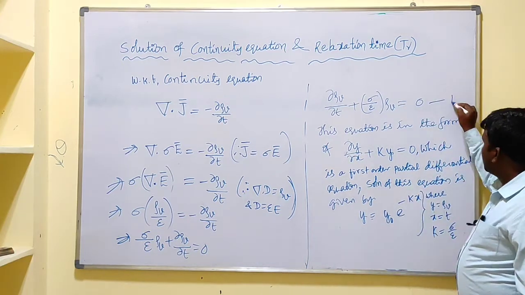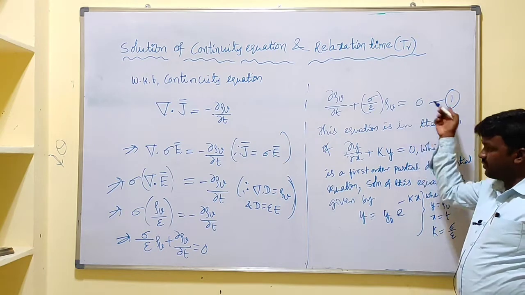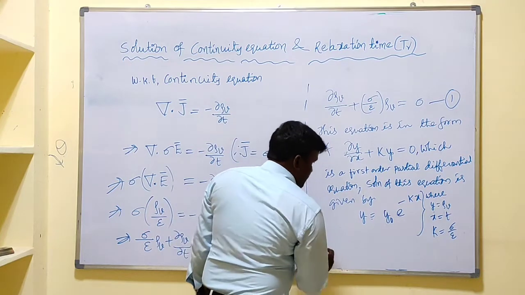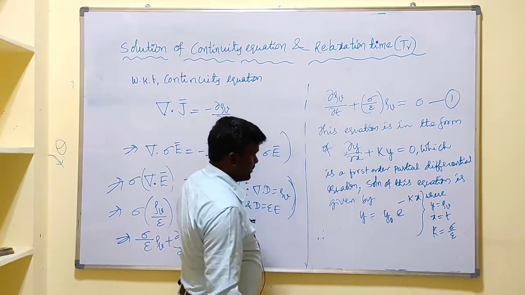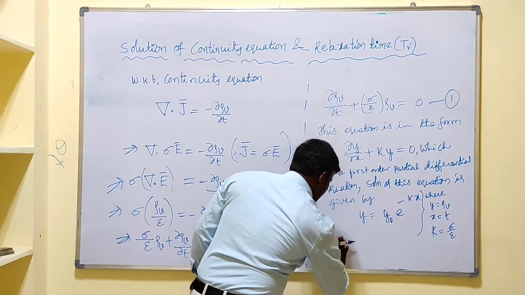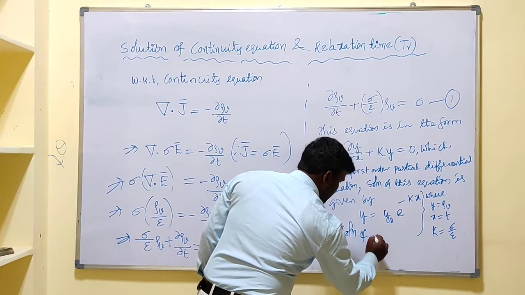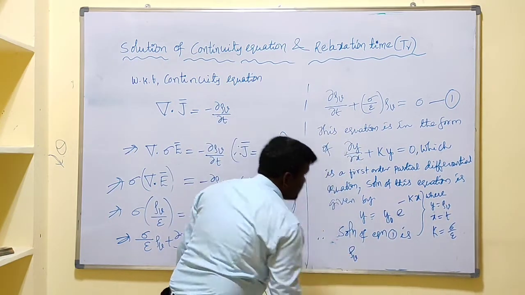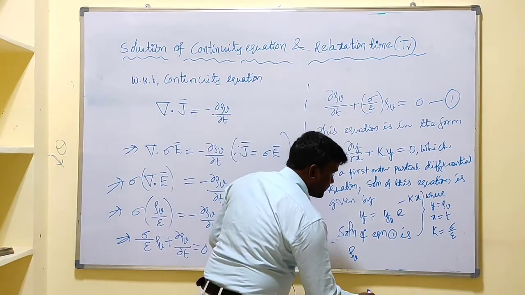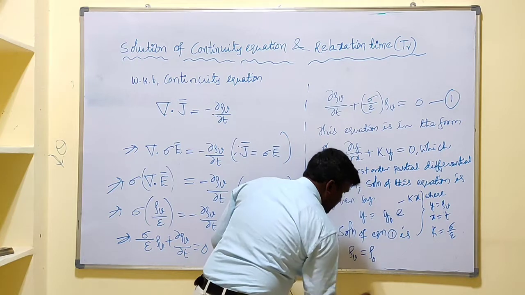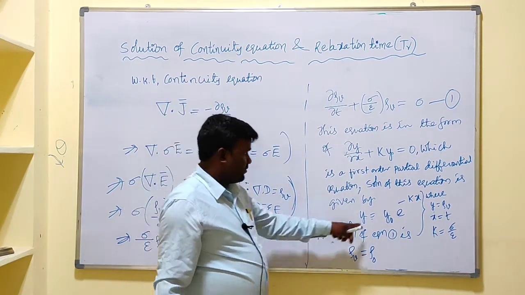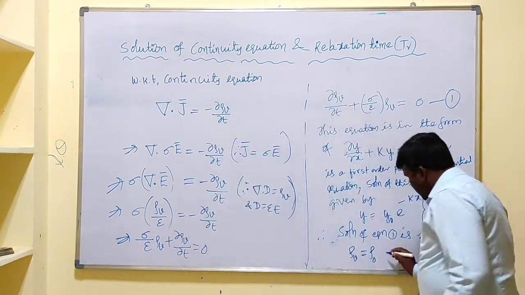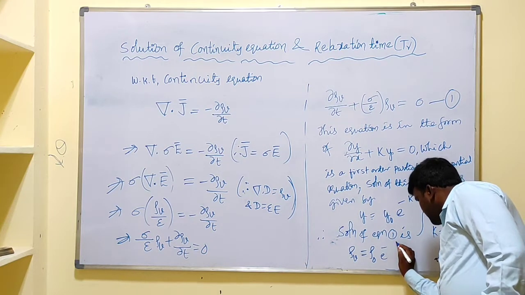The simplified form of the continuity equation is a differential equation, therefore the solution is rho v equals rho v naught, or simply rho naught, some constant, into e to the power minus k t, where k is sigma by epsilon.